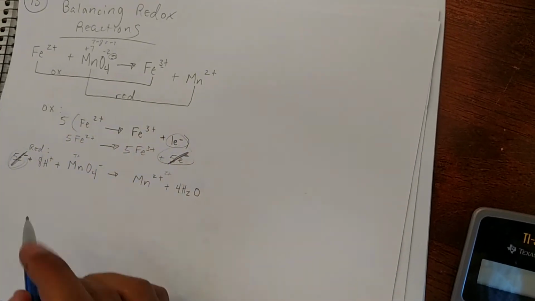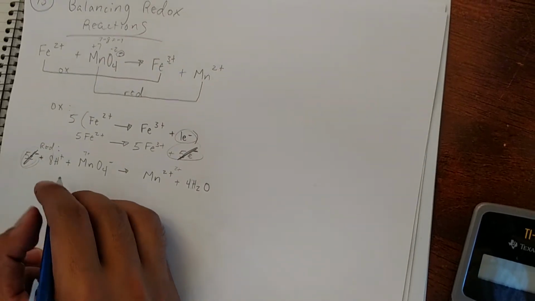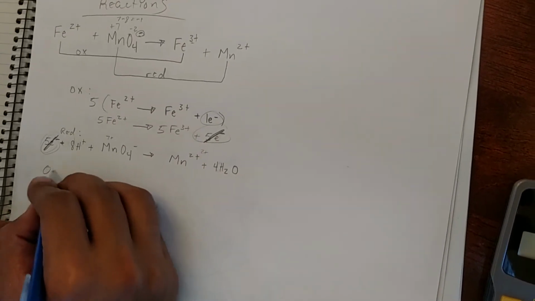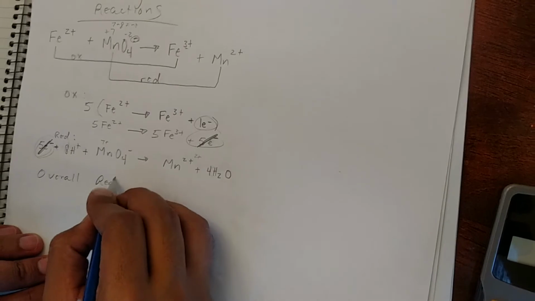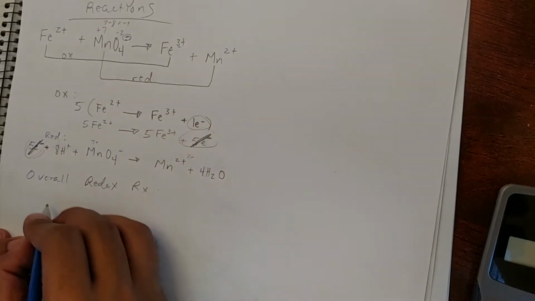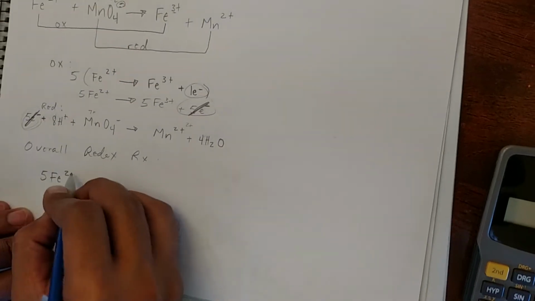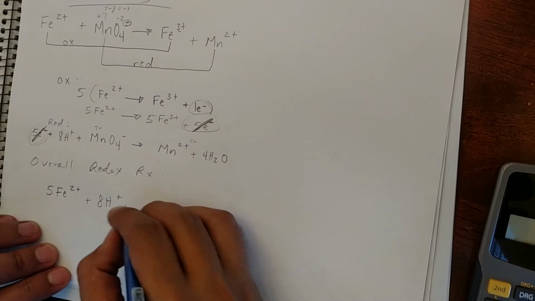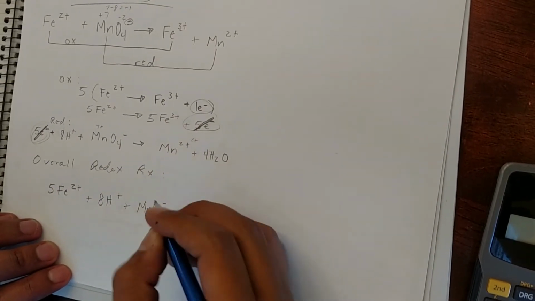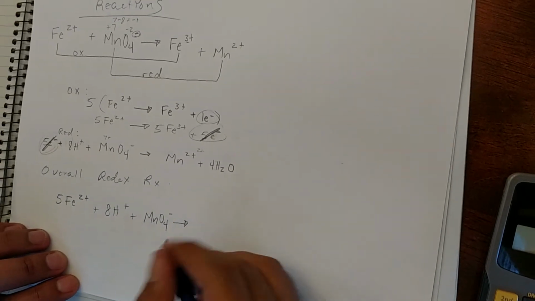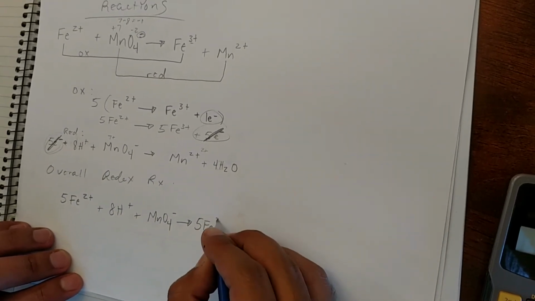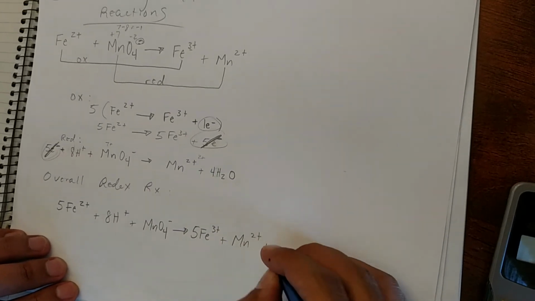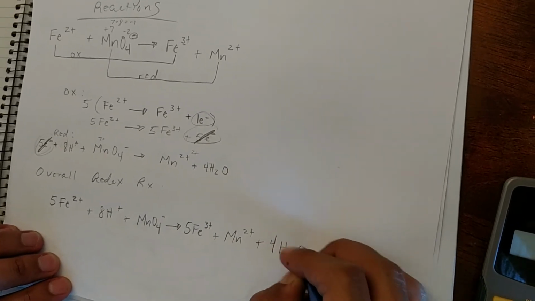We cross those out, they cancel each other out, and we write out the overall redox reaction, which is 5Fe2+ + 8H+ + MnO4- yields 5Fe3+ + Mn2+ + 4H2O.